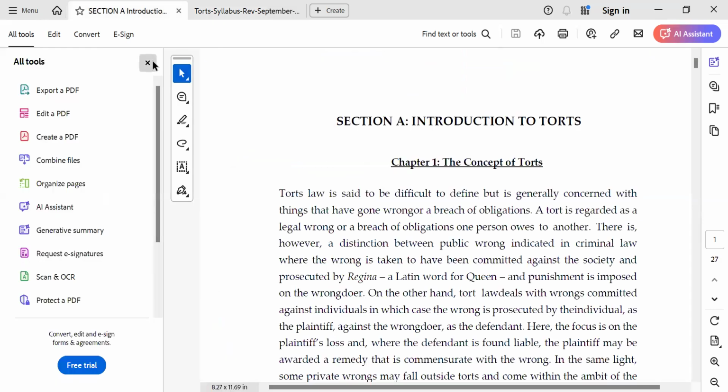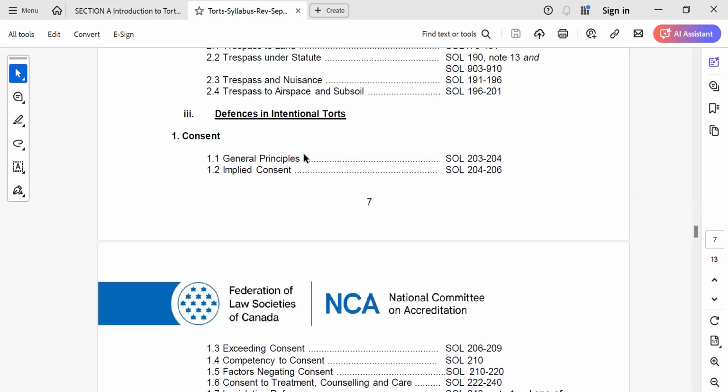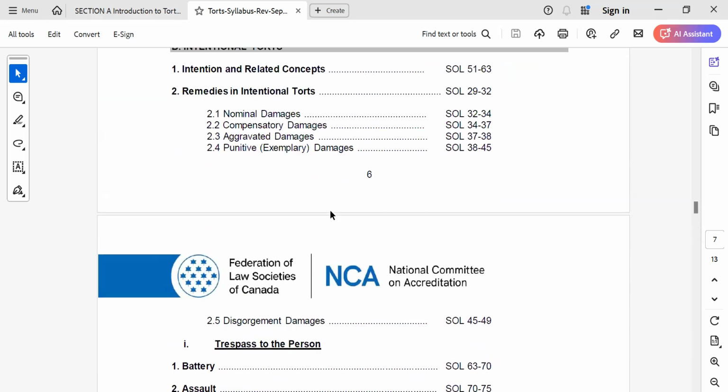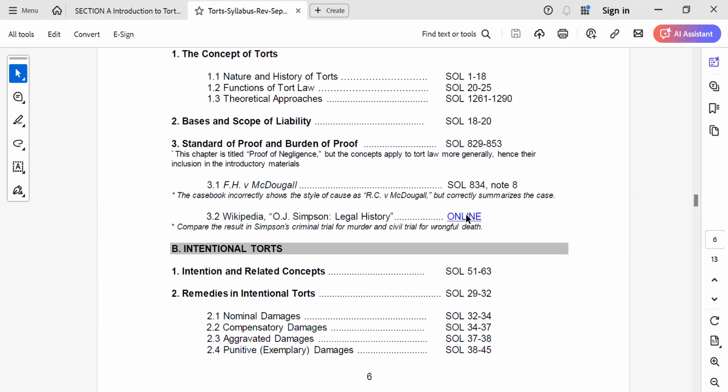Vidya, that O.J. Simpson, is that the celebrity case or is it different? There's one O.J. Simpson from Hollywood that is very famous. The murder case, no?